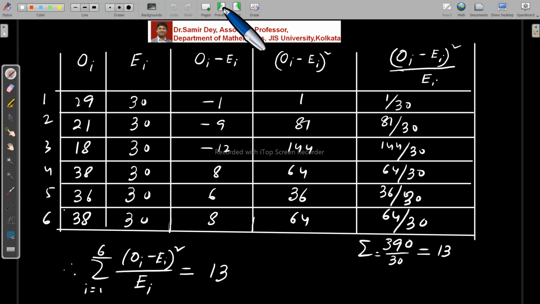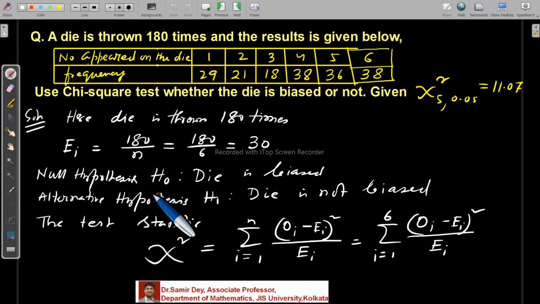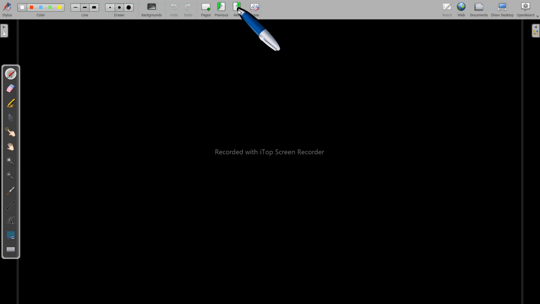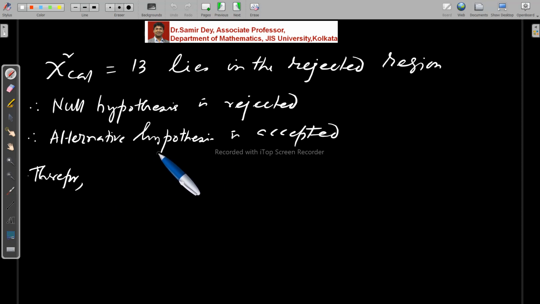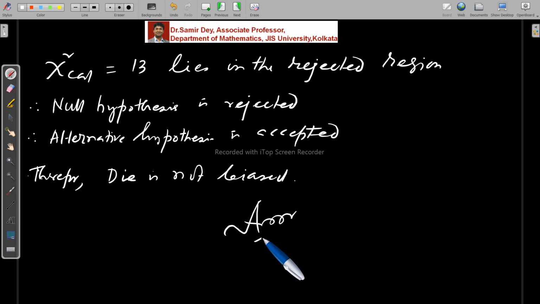Your null hypothesis is die is unbiased. And what about the alternative hypothesis? Die is biased. What about the result that is coming? The alternative hypothesis is accepted. So you may write down: die is biased. Is it clear?